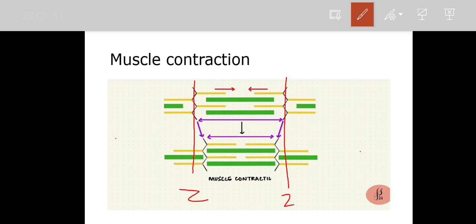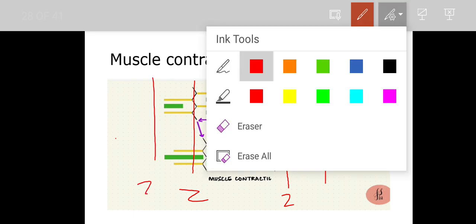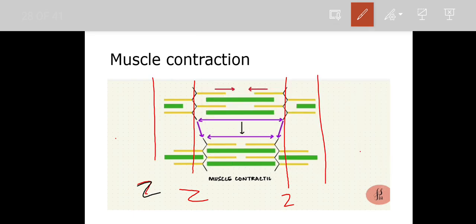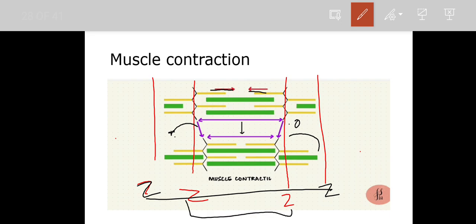And maybe the initial Z line was here. But because myosin moved actin towards the left and here it moves actin towards the right, they shortened the muscle. You can see these arrows. They have shortened the muscle. From this sarcomere, now we have a sub-sarcomere which is looking like this. We have shortened the muscle.